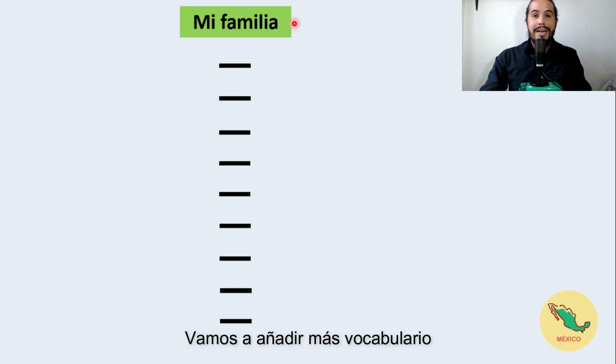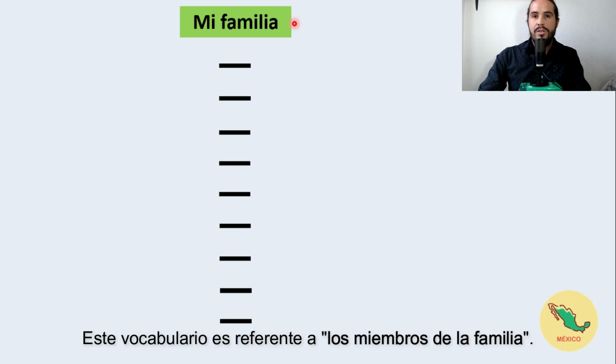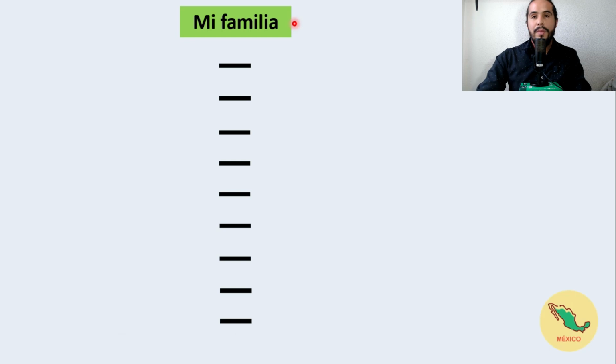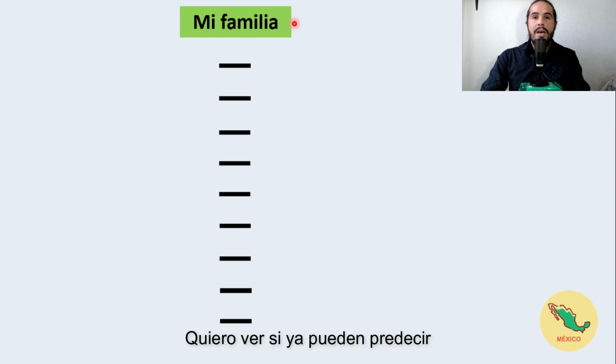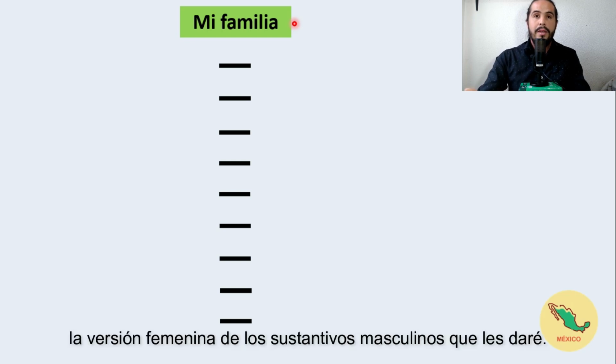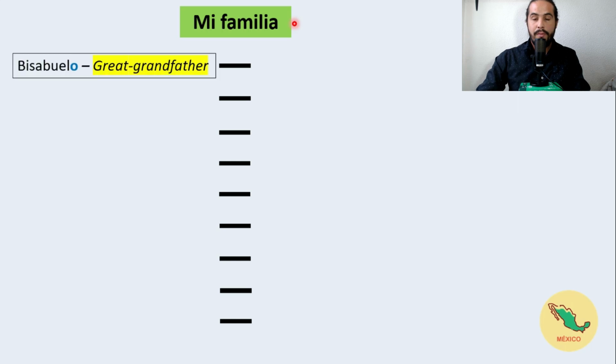We are going to add more vocabulary to the one we previously learned today. This vocabulary is related to members of the family. I want to see if you are now able to predict the feminine version of the masculine nouns I will be giving you. So let's start.